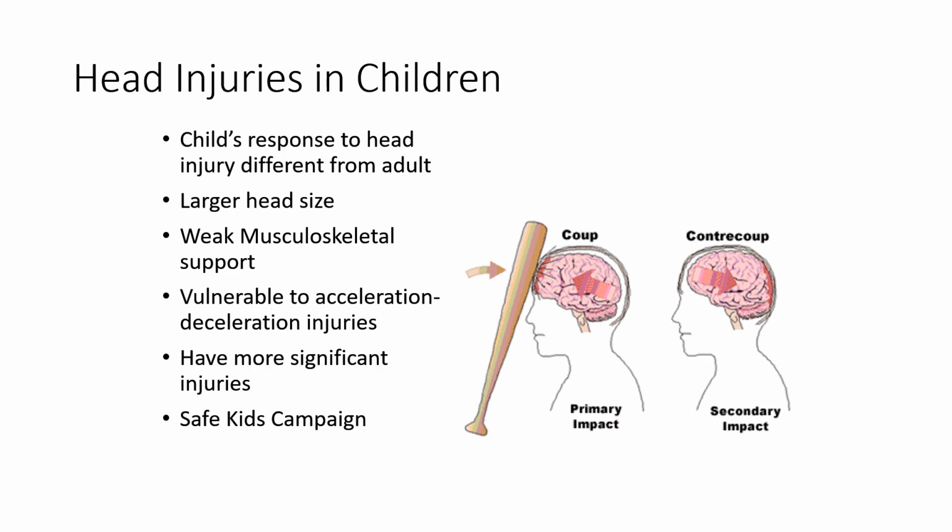But then, because of these weak muscles and large head, the brain sort of shifts due to that primary impact, and they have a secondary impact on the back of their brain. And sometimes this results in more significant injuries. We also call this a coup contrecoup injury, where the patient has an injury at the site of the primary impact, and then as the brain and neck bounces around, they also have an injury on the opposite surface.